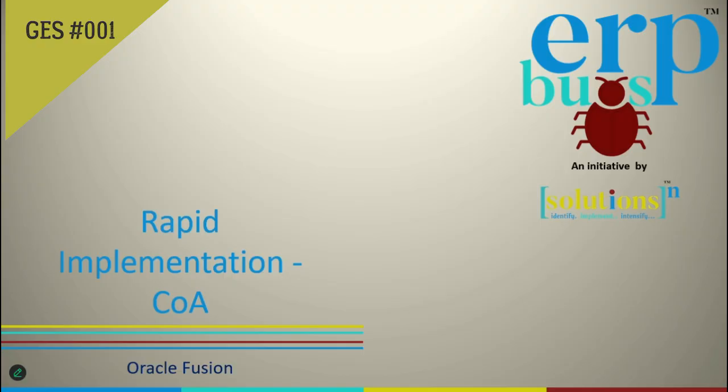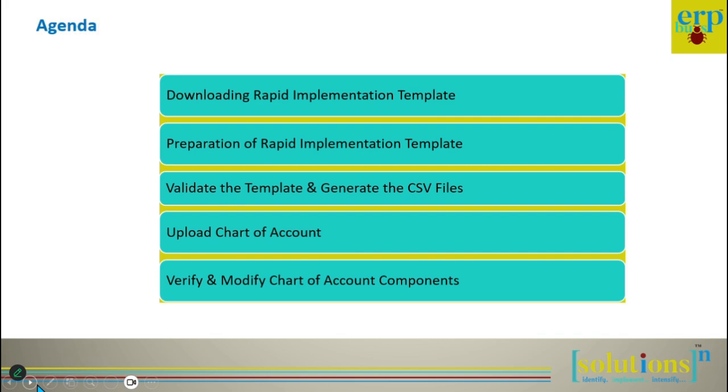During this session, we will look at how to download the rapid implementation template, which is provided by Oracle. You should have certain prerequisites to download the file. Then we will see how to prepare that rapid implementation file, validate those templates, then generate a CSV file.